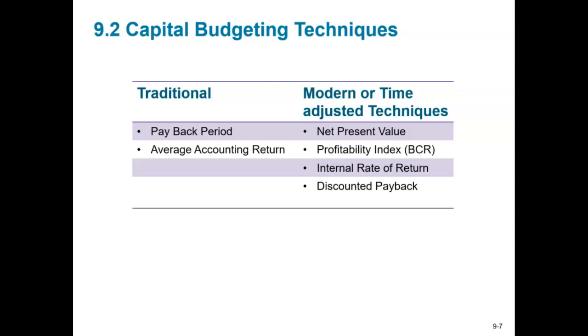So you have two basic categories of investment criteria or capital budgeting techniques. The traditional techniques, which don't take into consideration the time value of money, have two approaches: payback period and average accounting return. The second category, the modern or sophisticated or time-adjusted techniques, are net present value, profitability index, internal rate of return, and the discounted payback.